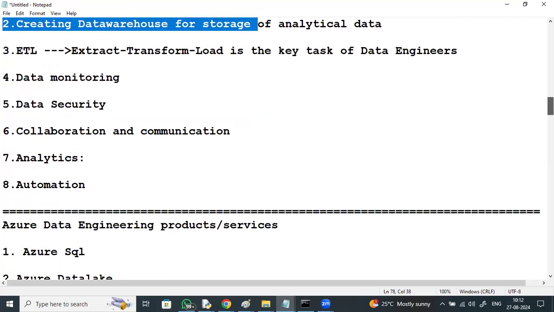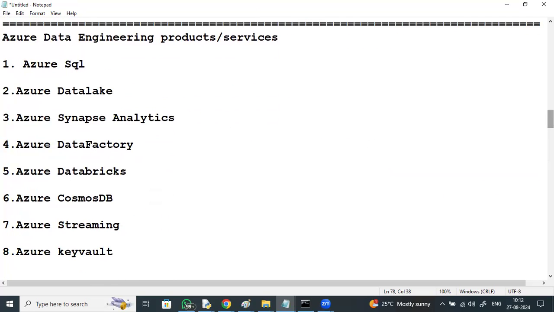I was also discussing the Azure Data Engineering products or services. The main products are Azure SQL, Azure Data Lake, Azure Synapse Analytics, Azure Data Factory, Azure Databricks, Azure Cosmos DB, Azure Streaming, and Azure Key Vault. Whether you are an Azure Data Factory developer or an Azure Databricks developer, you will interact with all these products.